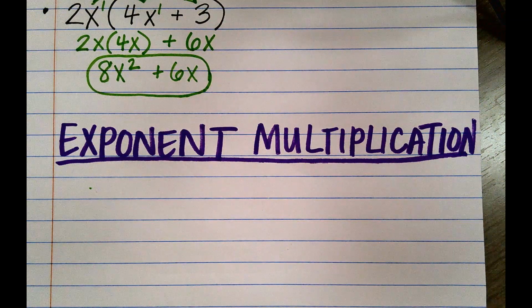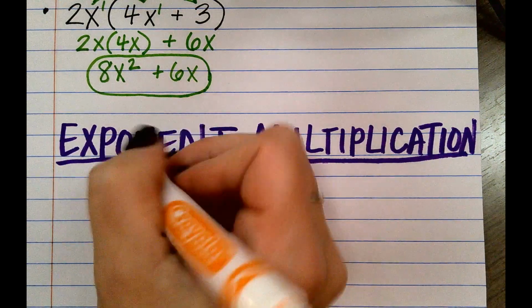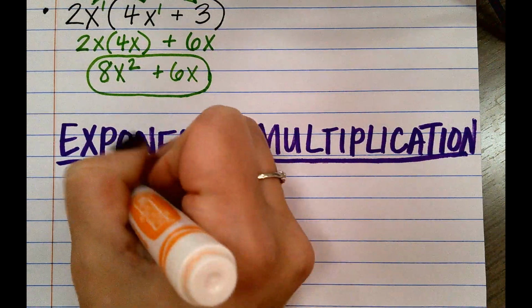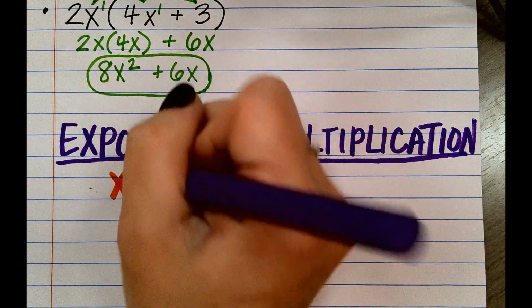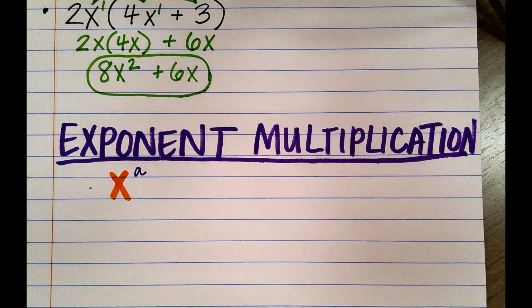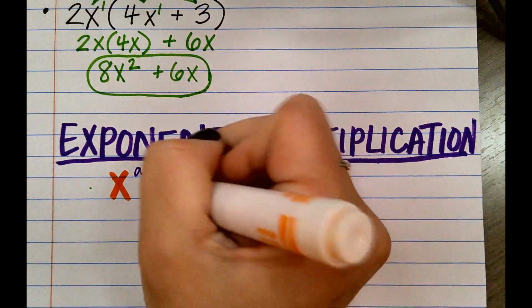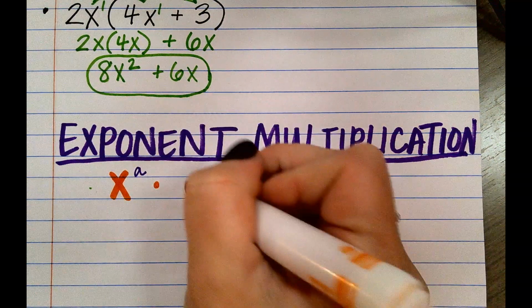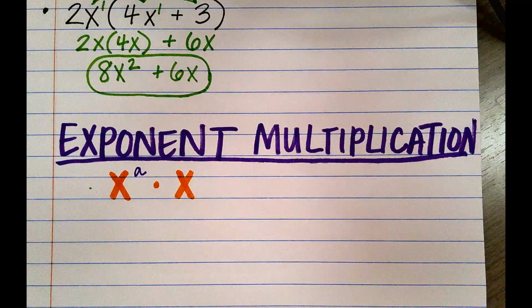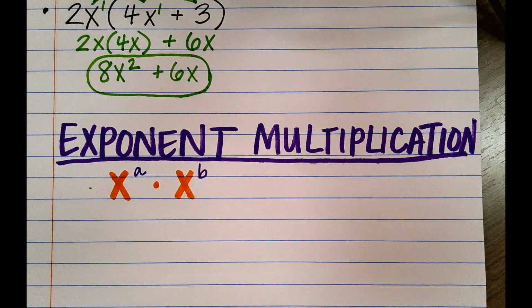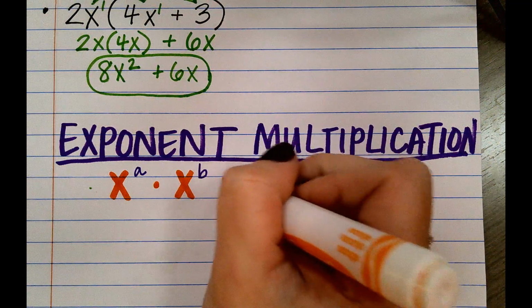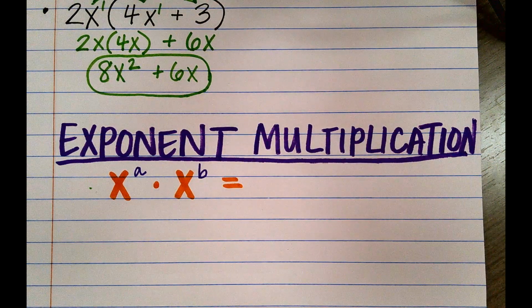Here is the formula I will give you. So we're going to write x to the a power times x to the b power equals x to the C. Not quite.